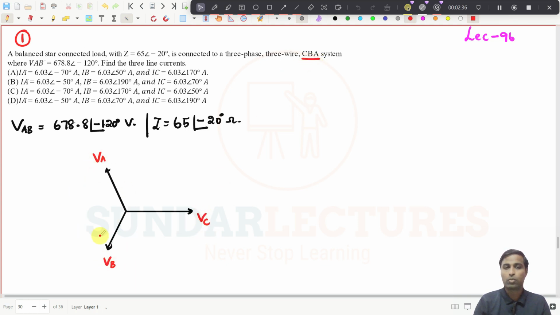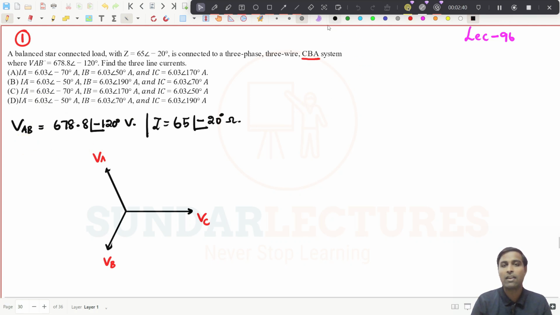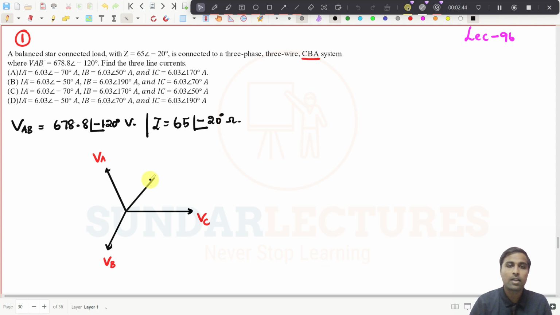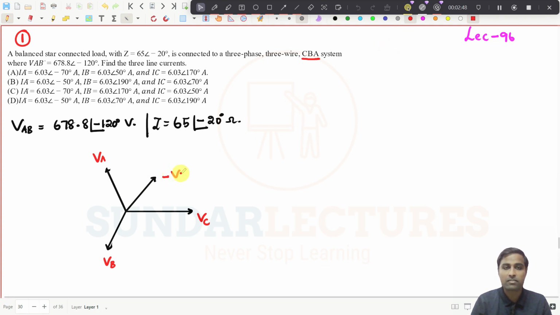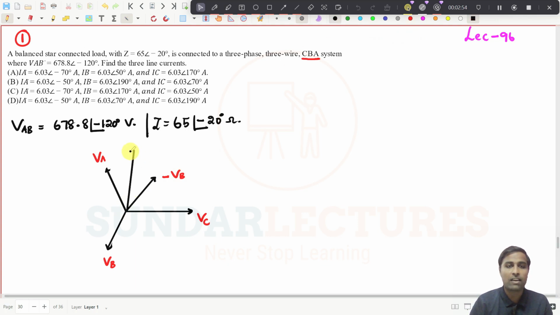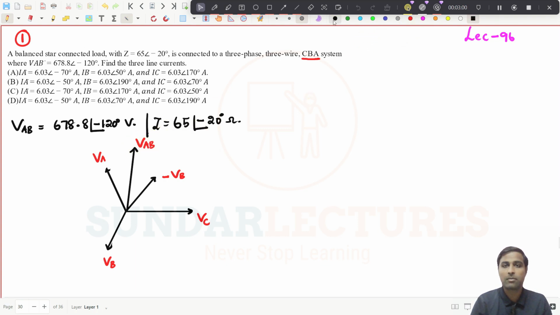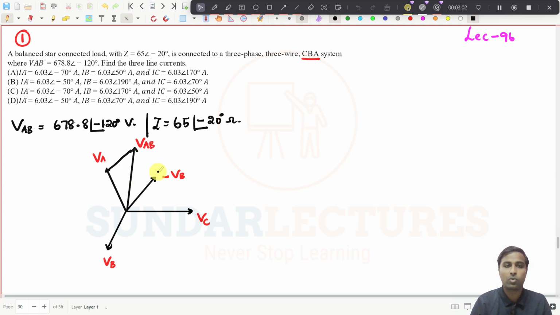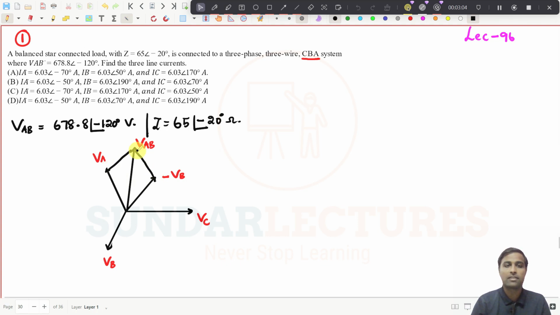If I need to find the value of VAB, I have to take VA minus VB. If I add these two, I will obviously get VAB. This is the graph now.